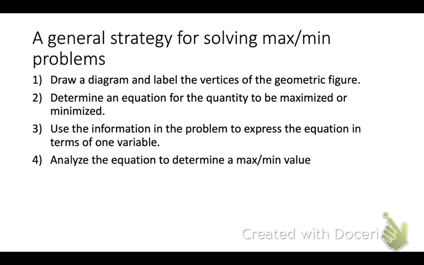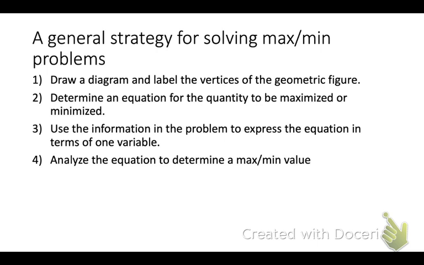Number 2, we're going to determine an equation for the quantity to be maximized or minimized. So come up with our equation, which means we're probably going to have to do some type of composition of a function to put something in terms of just a variable.